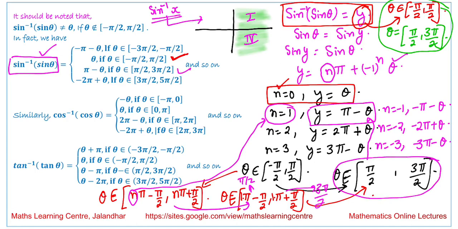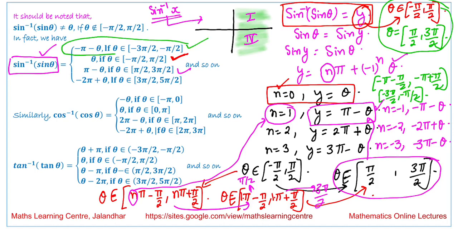If suppose I substitute the value of n is equal to minus 1, the interval will become minus pi minus pi by 2 to minus pi plus pi by 2, that is minus 3 pi by 2 to minus pi by 2, and the answer we have is minus pi minus theta.